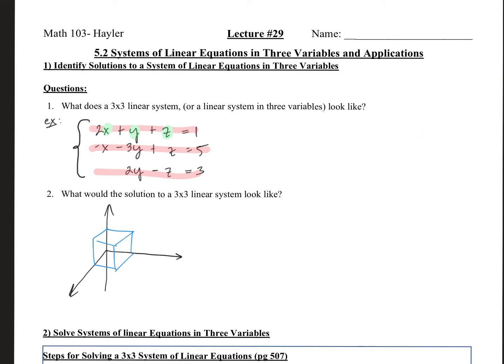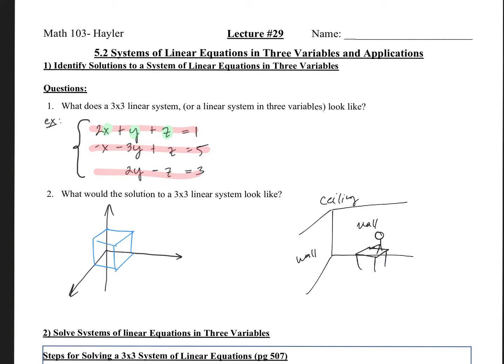Well, if you are in a room right now, try take a look at the corner of your room. Okay, so for example, if you're sitting at a desk, and then maybe off to the corner of your room, you can look up and you can see your ceiling right above you, and then you have one wall, and then you have another wall. So the answer to a 3x3 system will be where all these walls intersect.